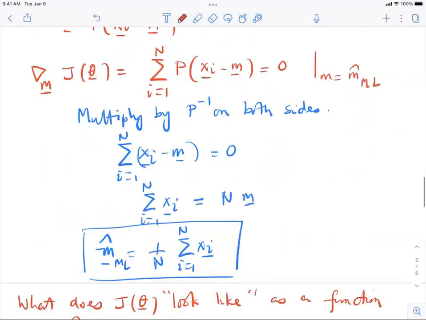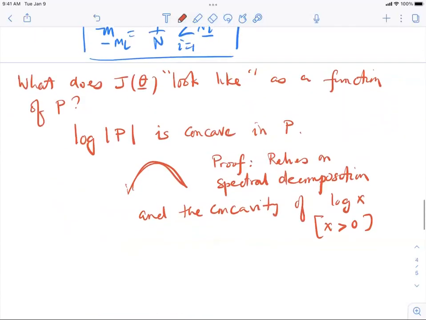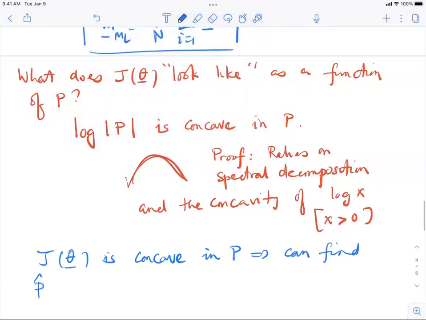So let me state this. J of theta is concave in P, which means I can find P hat ML by setting the gradient of this with respect to P to 0.